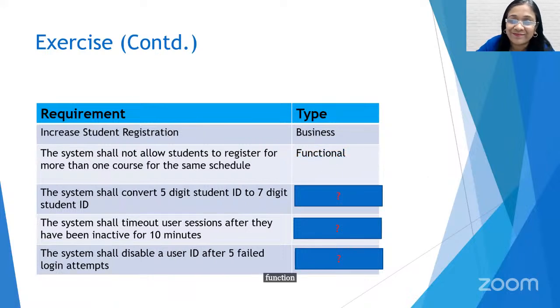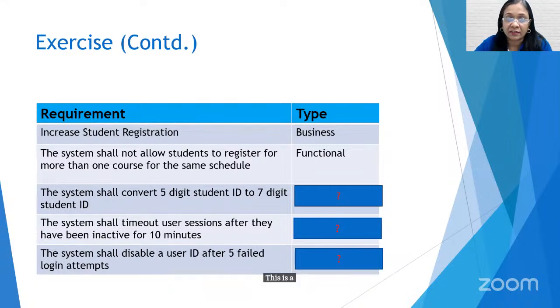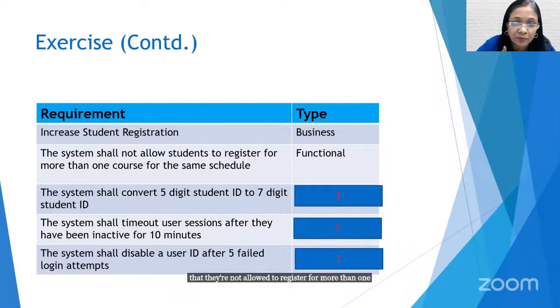How cool is that? Why? Again, this is an example of business rule. Now, many of you might be thinking, what exactly is a business rule? We'll come to that. Business rules are also a part of functional requirements. Remember that. This is a rule that the system has to check that they're not allowed to register for more than one course that belongs to the same schedule.